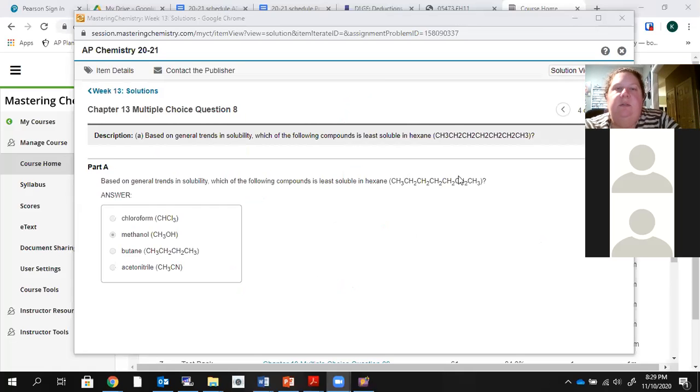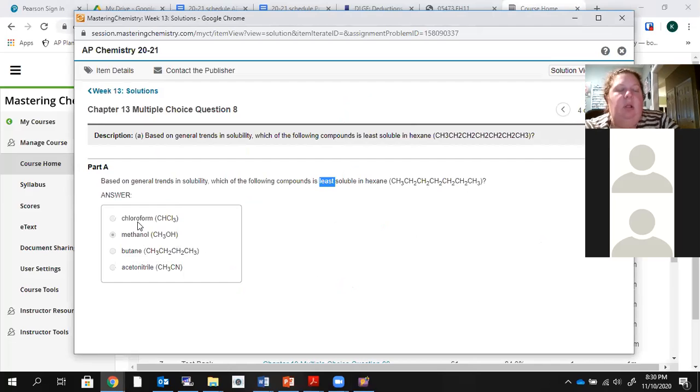So this compound, hexane, our solvent, is going to be very non-polar. Butane also is just that carbon-hydrogen chain, so that is also very non-polar. Butane would love to mix with hexane, but we're looking for the one that's least soluble, so butane is off our list.